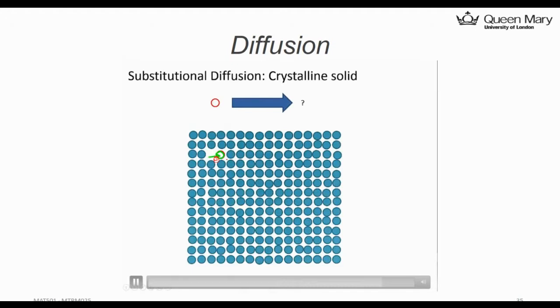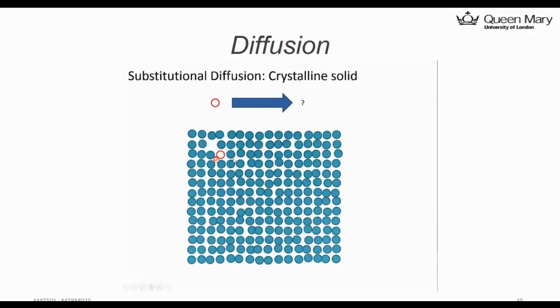That pushes the atoms to move in a kind of sequence, which is called vacancy diffusion. I think that's clear. That's the example for the different types of diffusion, interstitial or substitutional diffusion. Okay.